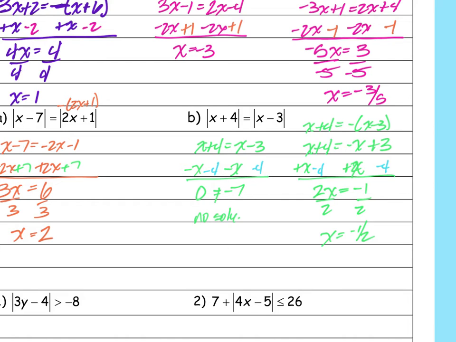I could have chosen the first one to do the same thing with. It doesn't matter, but it's routine for me: I always take the second one and make one positive for one of them and one negative for one of them. Does that help answer your question? Okay, awesome.